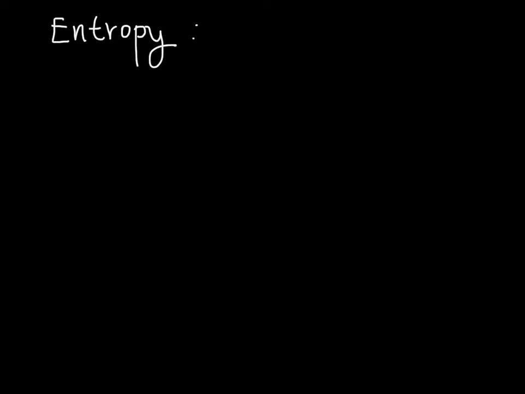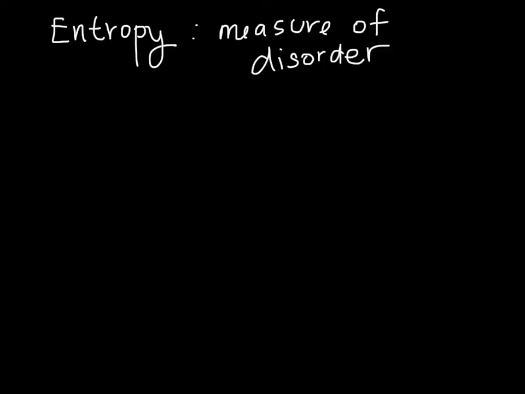I'll elaborate on this in a different video, but for now we can say that entropy is a measure of disorder. So spontaneous changes move in the direction of increasing disorder of the universe.